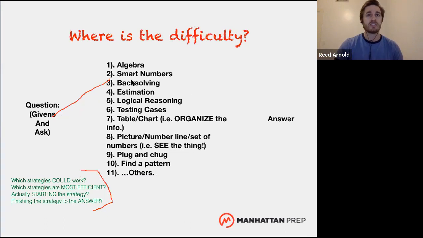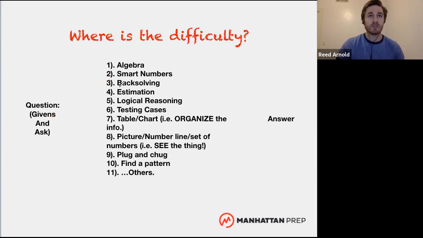And again, good test takers often combine these. They'll do two or more at once. I'm realizing right now that I probably could add rephrasing to this somewhere. Rephrasing is a strategy that is most often used in data sufficiency, but there are certainly problem-solving questions where rephrasing is a valid strategy.